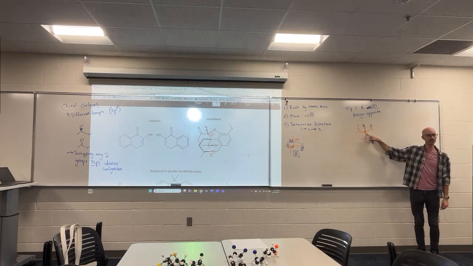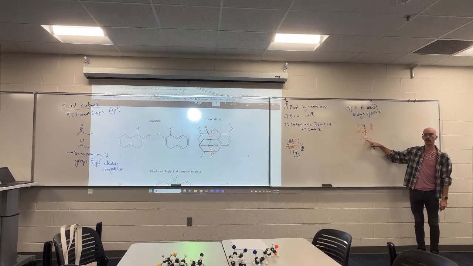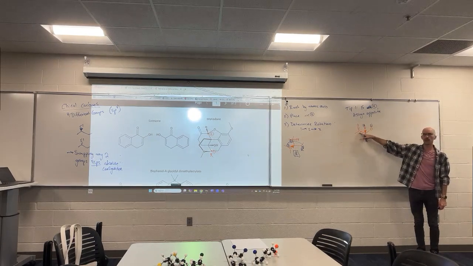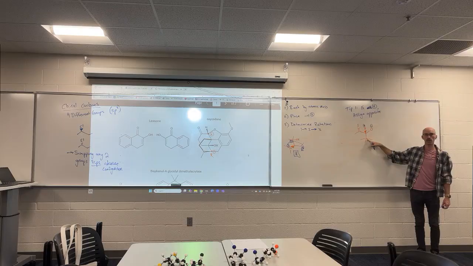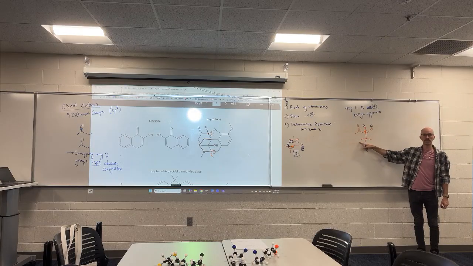What is higher, a quaternary carbon or a carbonyl carbon? Wrong. They're both carbons. Yeah? So you look for the next highest priority group. What comes after a quaternary carbon is always a carbon.